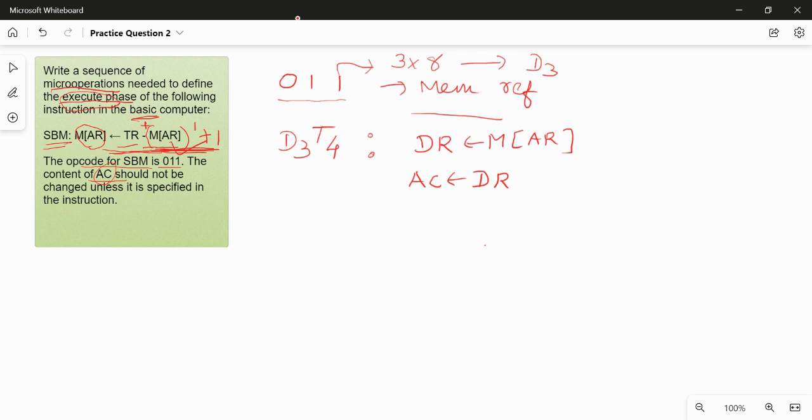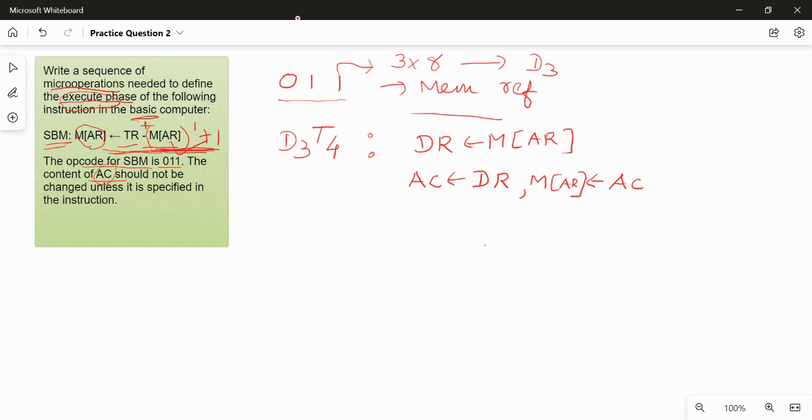Now you also have to keep this constraint in mind that AC cannot be changed. So when you transfer DR to AC, at that time you can also initiate this operation. The previous content, the original content of AC, can be stored in a memory word. We will not transfer AC to DR because TR is the other operand, and TR cannot be directly loaded into AC because AC does not receive any inputs from the bus.